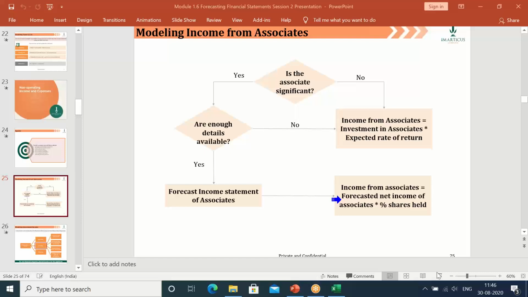Suppose company B's share price is moving up and down. That movement up and down is not my P&L, correct? So I will not add the share price, neither to my P&L nor to my balance sheet. Okay, understood, sir.